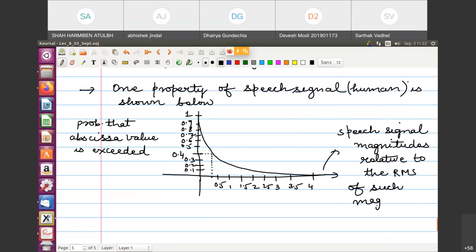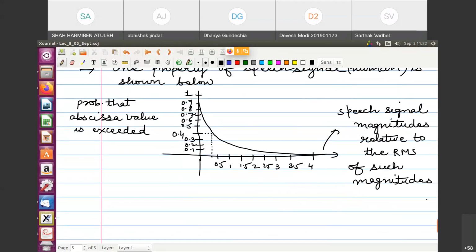So let us say we take the speech magnitudes and we divide. Let us say we have taken a big speech sample and we have divided every point by the RMS value of that. So abscissa is nothing but the point on the x-axis. Okay.